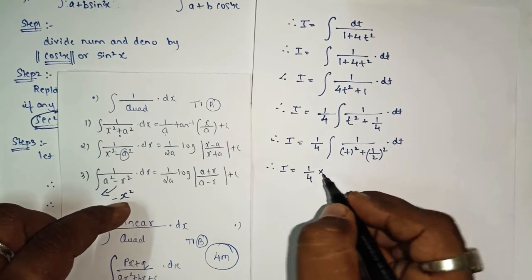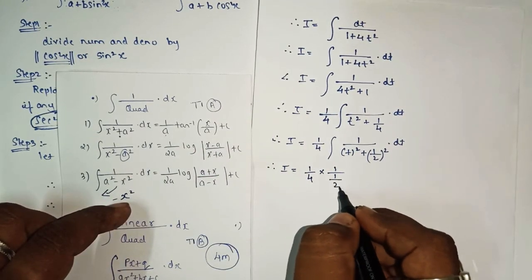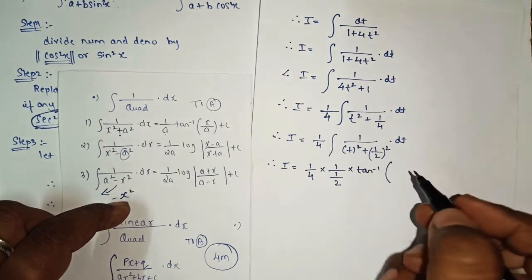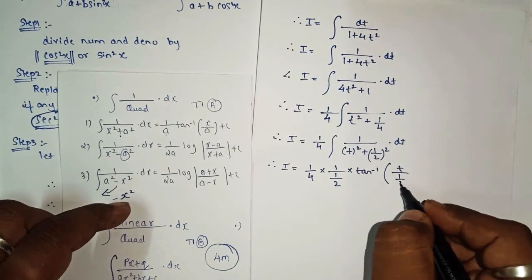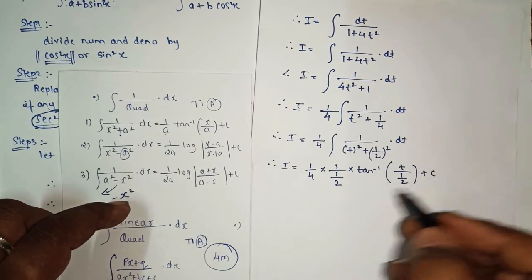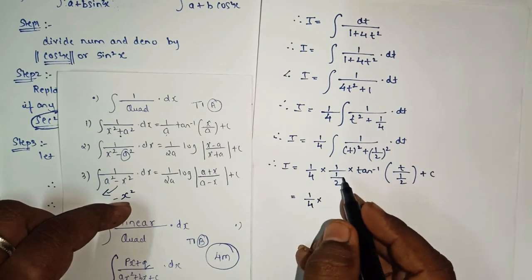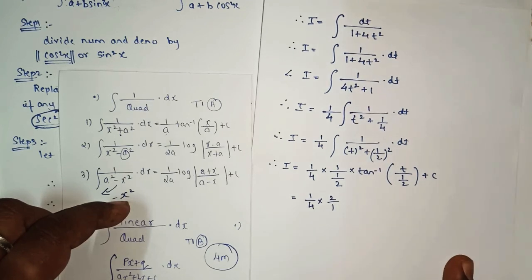Here a is 1 by 2, so we get tan inverse t upon 1 by 2 plus c. So 1 upon 4 into 1 upon 1 by 2 we can write as 2 by 1, so this 2 will go to the numerator. Yes or no?